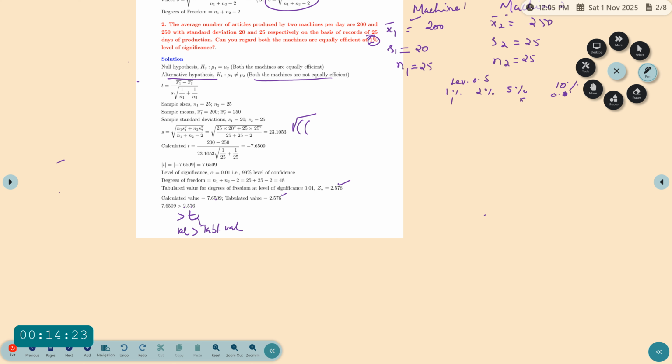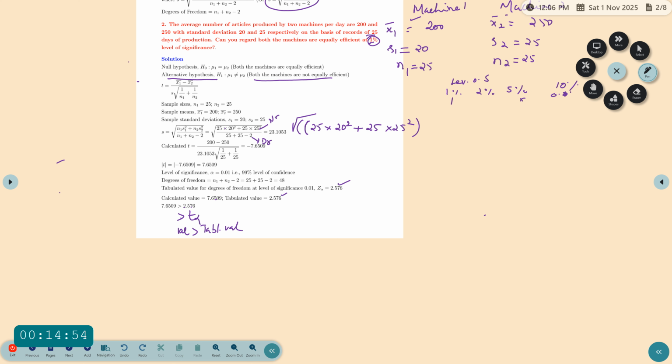This is the numerator, this is the denominator. Write 25 into 20 squared, plus 25 into 25 squared. Here the numerator ends.